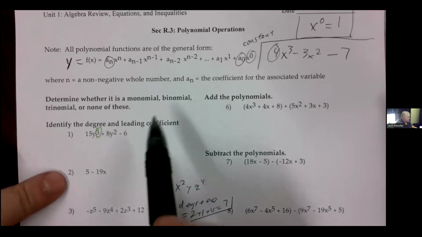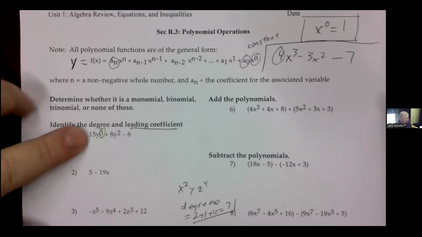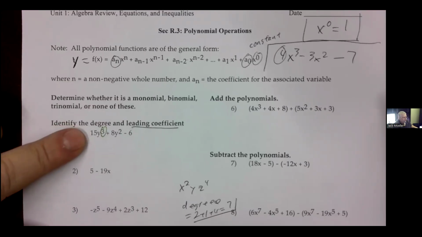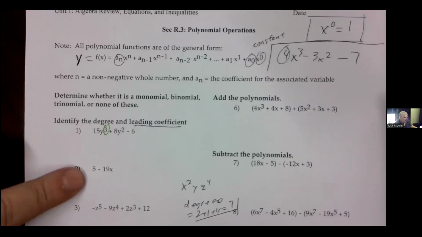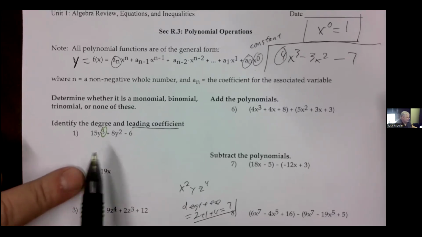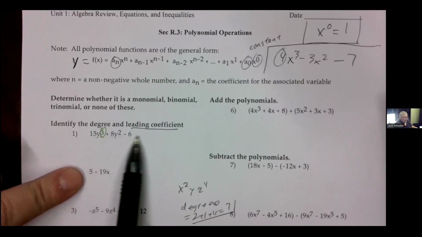Okay. What is the leading coefficient? One of the problems with that term between English and math is that a lot of times we think of leading as just whatever's in front. So if you think of whatever's in front as the leading coefficient, you'd say 15 here, which would be correct. You'd say 5 here, which would be wrong. The reason being, this one is in descending order: you've got your cubed, your squared, and your nothing.